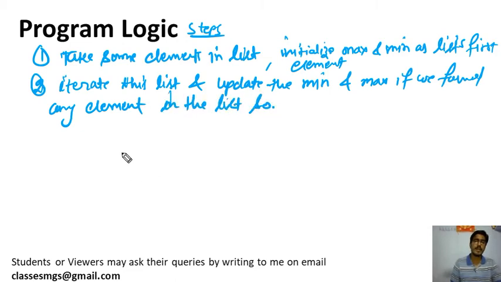So okay, I have already shown you. Let's suppose the minimum you have assumed is lst[0], and the same way the maximum you are initializing, so you can write like this also. If you know the Python statement, you can write it easily.